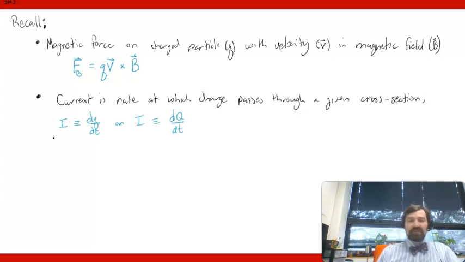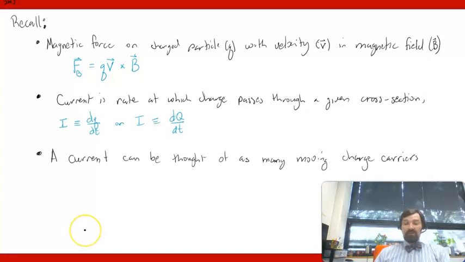More properly, this is sometimes called carrier current, but we're just going to call it current in this video, since at this point you don't really know what to distinguish a carrier current from. So current is a bunch of moving charge carriers, which is the same thing as a bunch of moving charged particles.